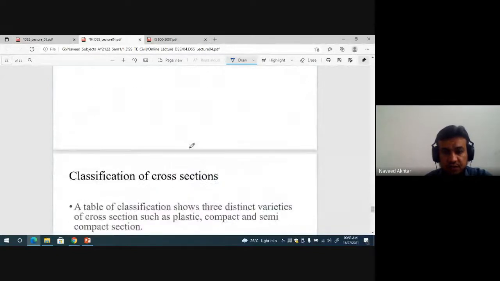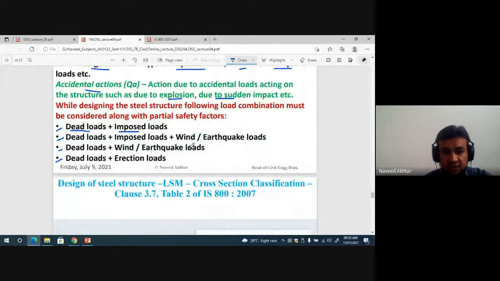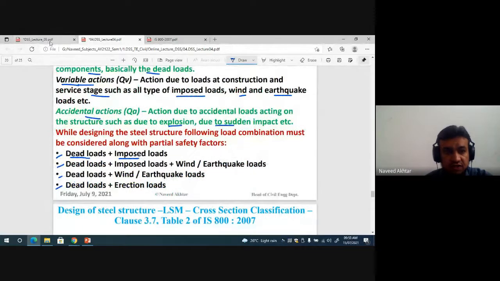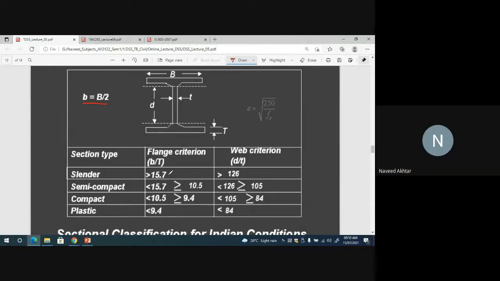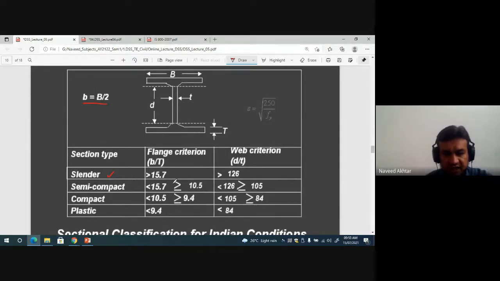Okay, so this is nothing but the different classification of your section, based on the width to thickness ratio, the b by t value, and the b or bf, you can see here. If the b by t ratio is greater than 15.7, the section is slender. If the b by t ratio is less than 15.7 and greater than 10.5, then it is semi-compact.